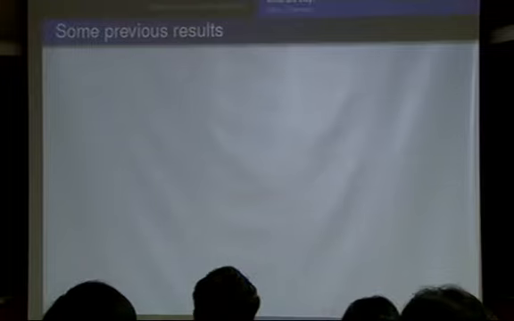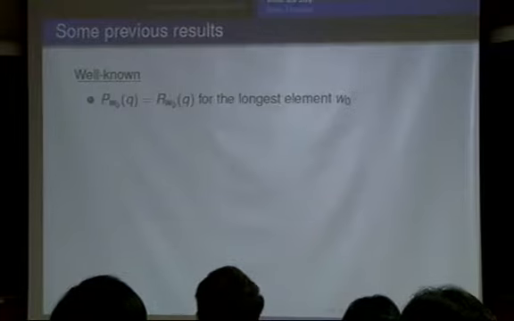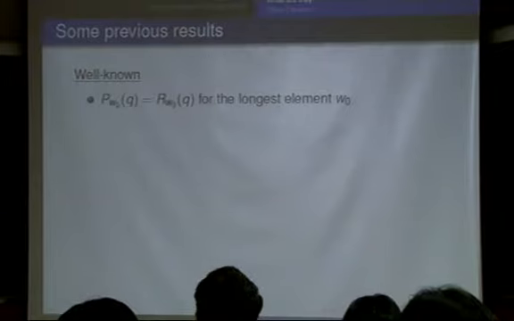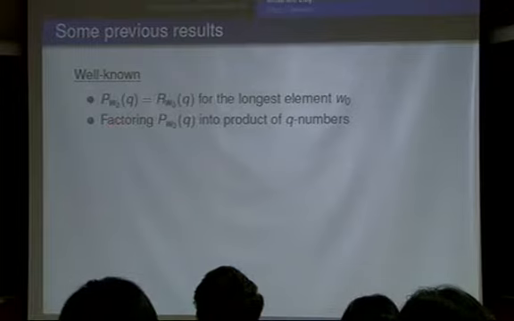There are some known results about the relation between these two objects. The well-known result is that for the longest element W0, the Poincare polynomial and the region polynomial are just the same. That's an obvious thing, because for the longest element, the inversion hyperplane arrangement is just the entire root hyperplane arrangement. And there is a well-known factorization formula for the Poincare polynomial for the longest element.